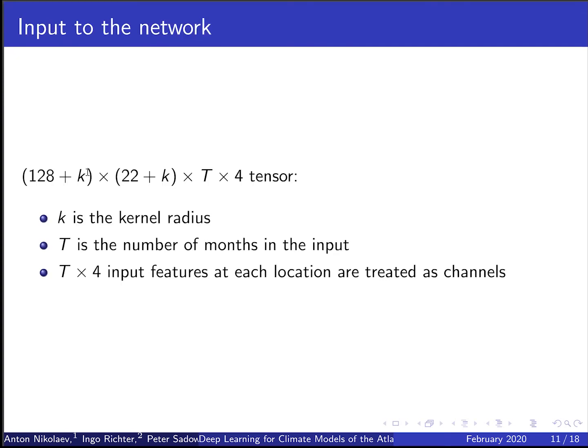So our neural network accepts a tensor that has first, the maps like this. Then there are channels that represent a certain number of time steps, and the number of time steps was a hyperparameter.